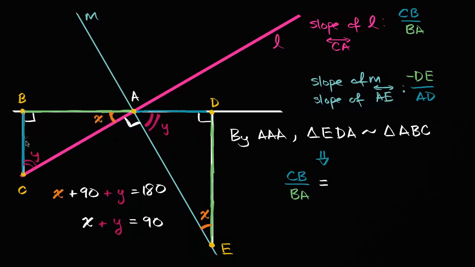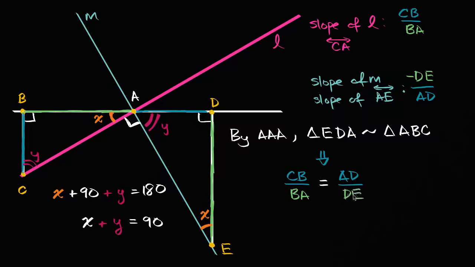So the corresponding side to CB is side AD. So that's going to be equal to AD over, what's the corresponding side to BA? Well, BA is opposite the y degree angle. So over here, the corresponding side is DE. AD over DE.